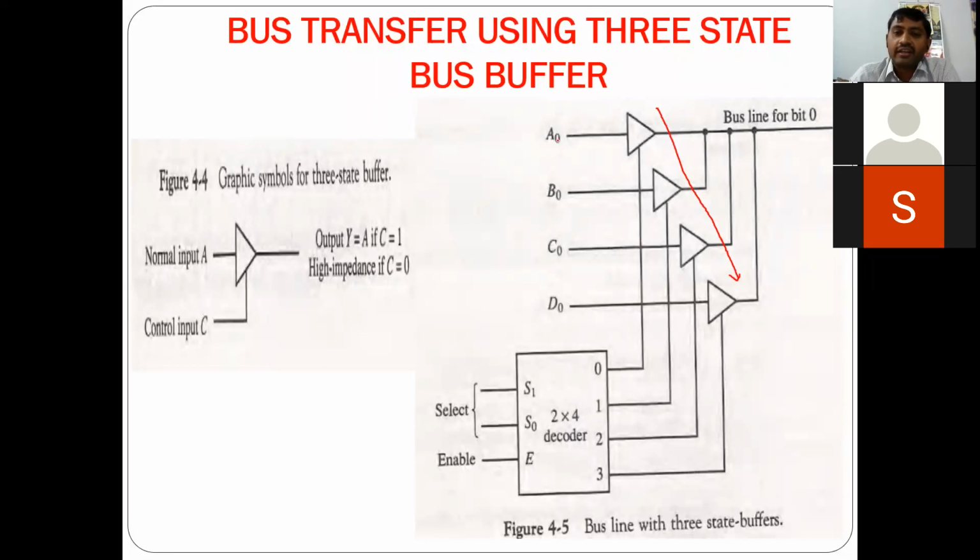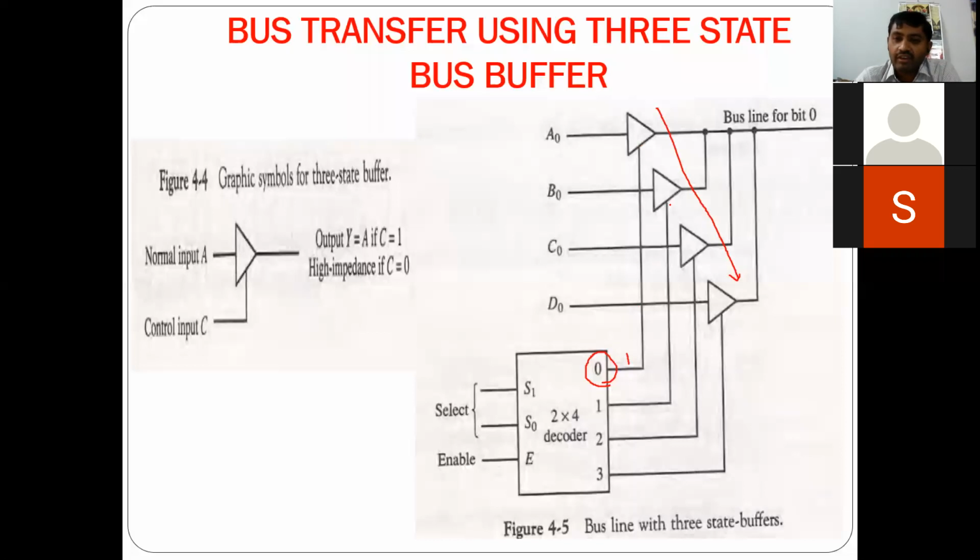Now here taking the inputs for the buffers as A0, B0, C0 and D0, right? Suppose I take it as 0 0, then this particular one will be active, so this particular 0 line will be selected, which means the output of this is 1.